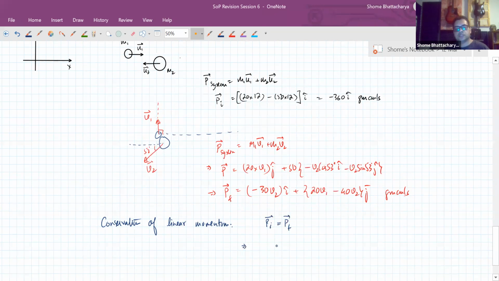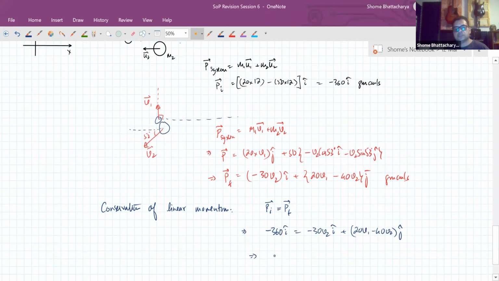So this tells us that minus 360 i cap in gram centimeters per second should be equal to minus 30 v2 i cap plus 20 v1 minus 40 v2 j cap.